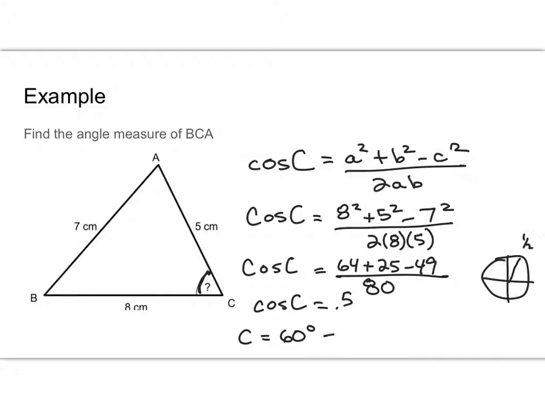If you needed your calculator, you would do C equals arc cosine of 0.5, and you'd see that it is indeed 60 degrees if your calculator is in degree mode. What would the answer be if it's not in degree mode?